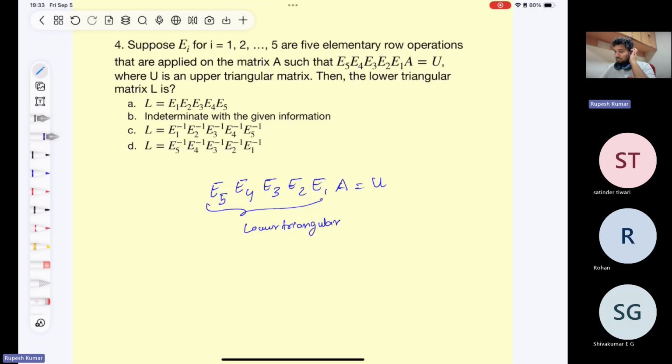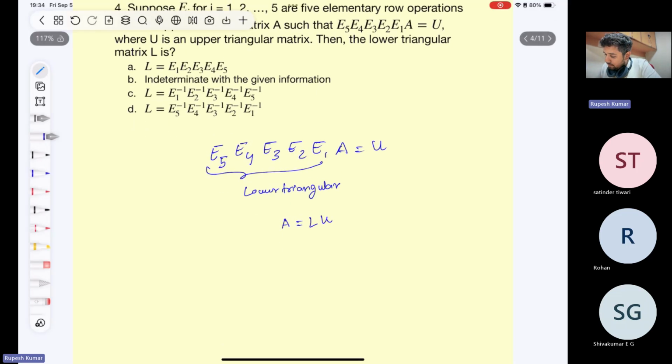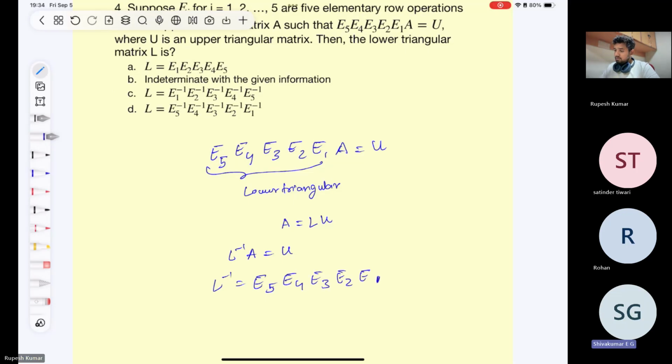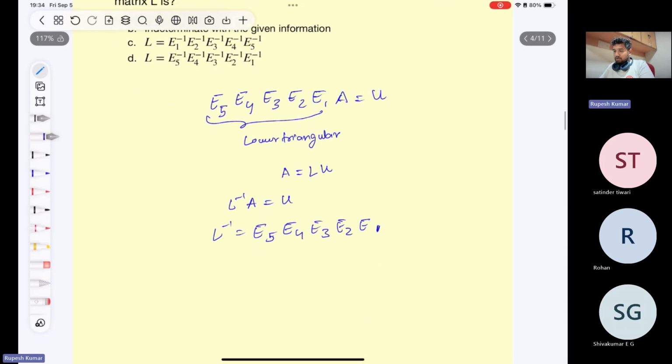Now the question is, what will be the L matrix? So now let's say I'm saying that A equals LU. So naturally, it looks like I am saying that L inverse A equals U, where L inverse is essentially E5, E4, E3, E2, E1, right?